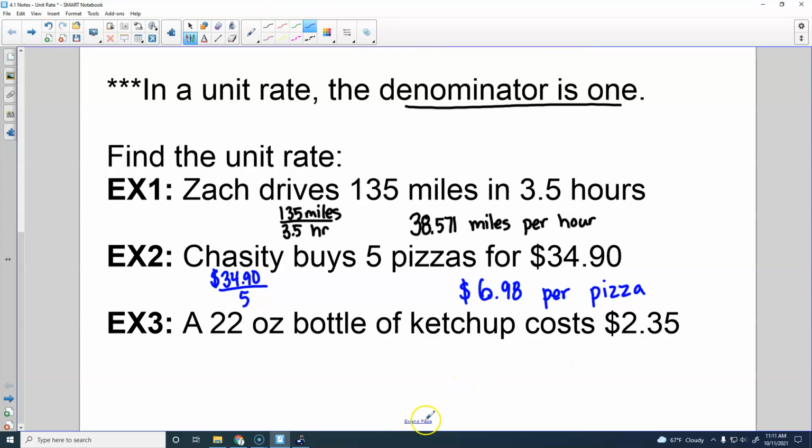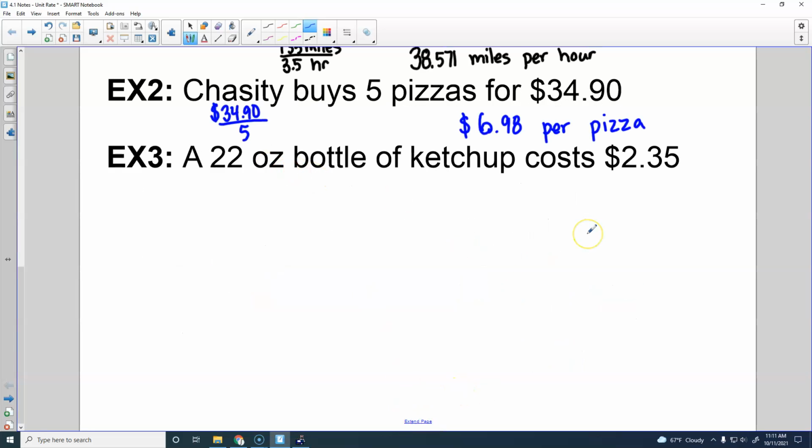All right, so here is our last one. A 22-ounce bottle of ketchup costs $2.35. What you're probably wanting to know here in this case is your cost per ounce. So dollars per ounce. So if I want my answer to be dollars per ounce, what goes on top? The cost, the dollars. So $2.35 over 22 ounces.